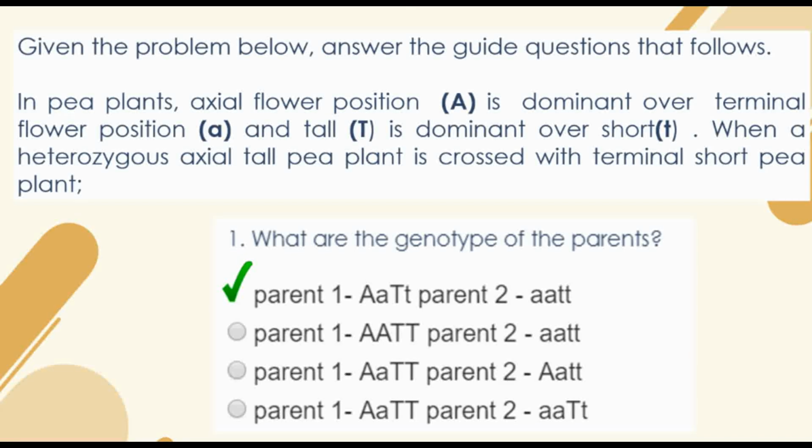This understanding relies on knowing that recessive traits like these are only phenotypically apparent when both alleles are recessive. This setup prepares us to explore the potential genetic combinations that might result from this cross.